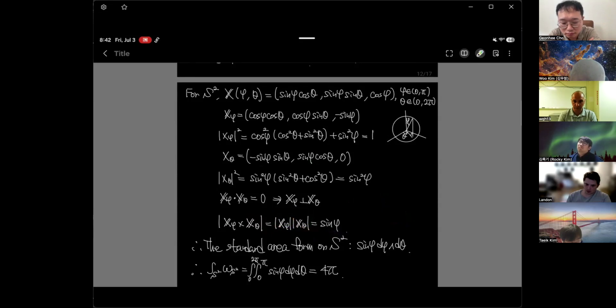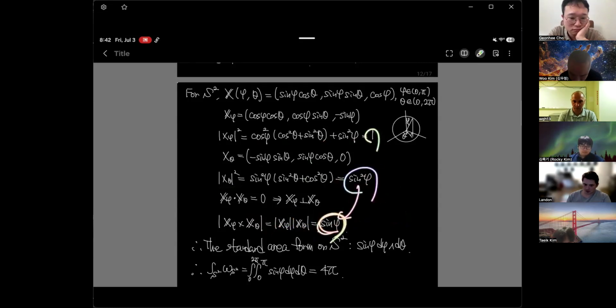And we have this sine squared, so the square root of sine squared becomes sine theta.